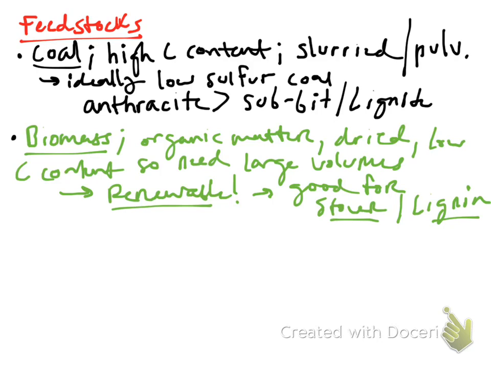And the nice thing about using gasification with bio-based feedstocks is that because of the high temperature and high heat and that thermal conversion, it's good for feedstocks that have very complex carbon molecules in them.